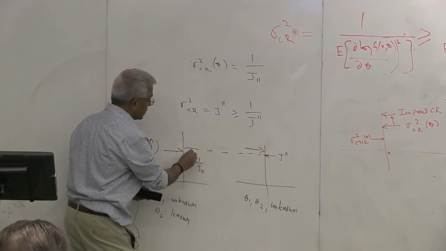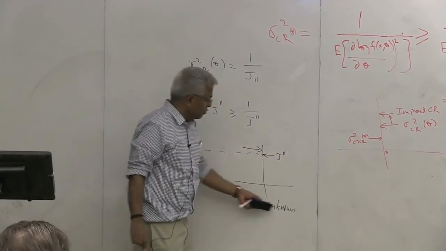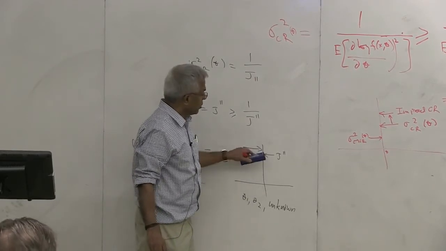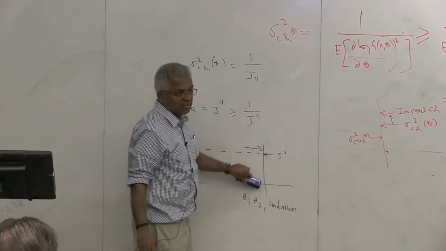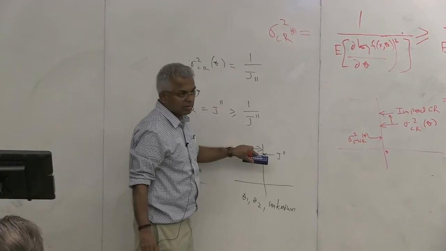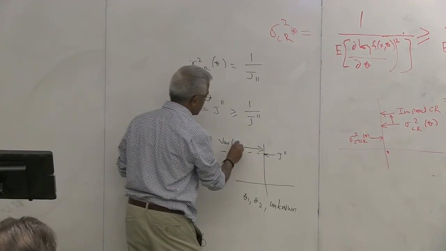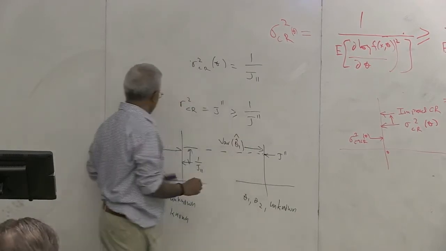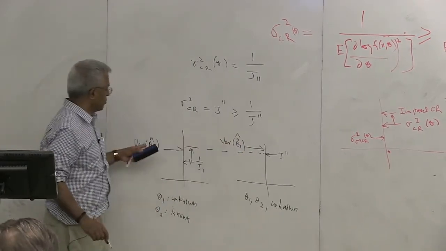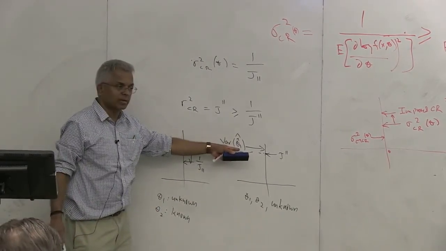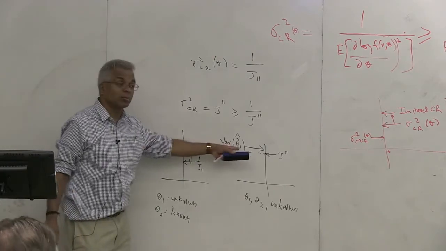So there will be a degradation. So when both are unknown, you cannot do any less than this. The bound is higher. That means the variance of your unbiased estimator, remember, let me put double, these two estimators, whatever it is, you find an estimator here. These two estimators may not be the same.